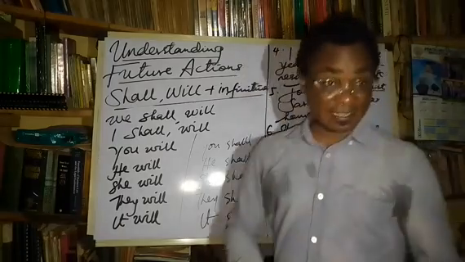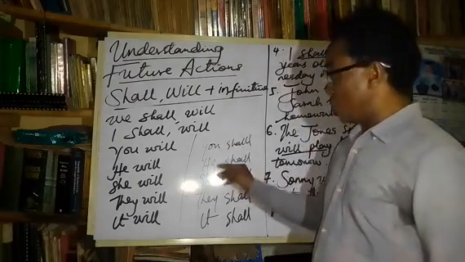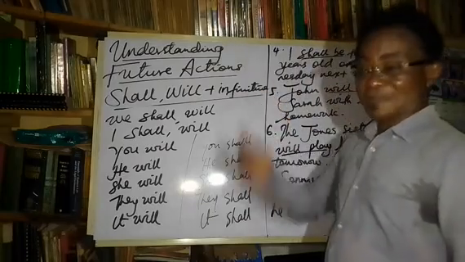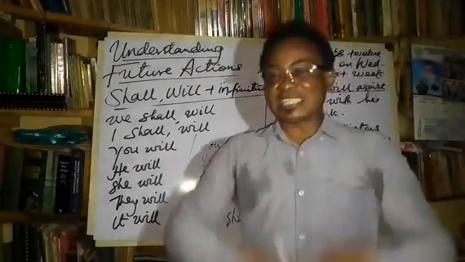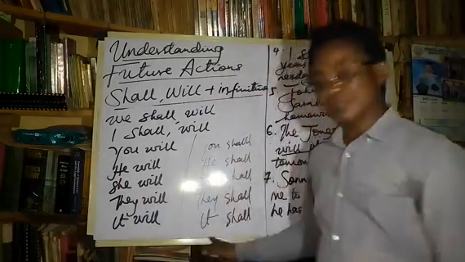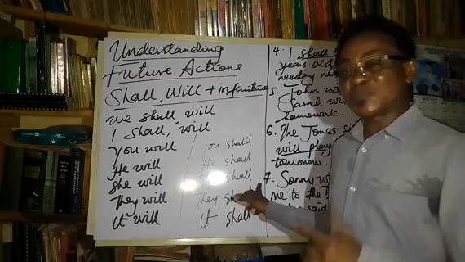A sentence in English language that has the pronouns you, he, she, they, and it, and shall to express an action is not a future action. It is no longer expressing a future action. So these pronouns and the nouns they represent can't use shall to express a future action.